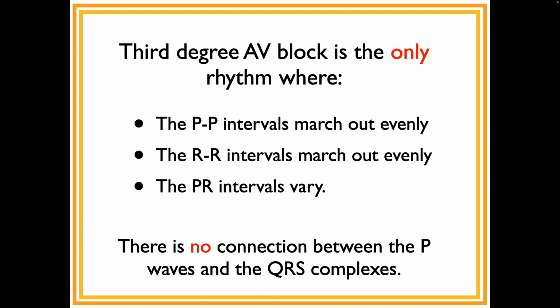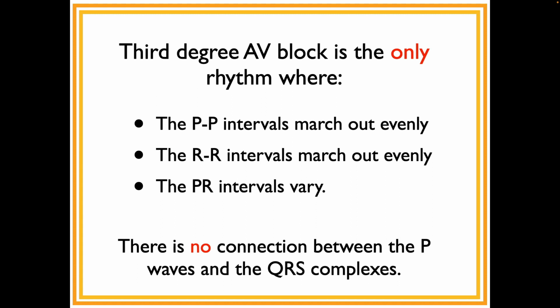Remember way back when we first started looking at ECGs, we talked about there's one P for every QRS and one QRS for every P. If I'd been sitting in class, I would think, well, duh, that's obvious, isn't it? Up to this point, it has been obvious. This is why we have that in there: there's no connection. So in this case, there's almost always more P's than QRSs. Okay?